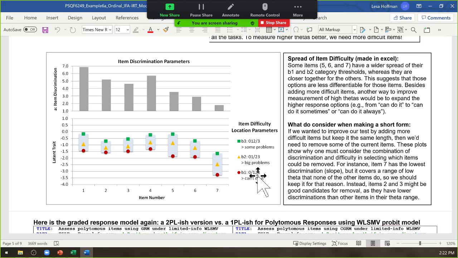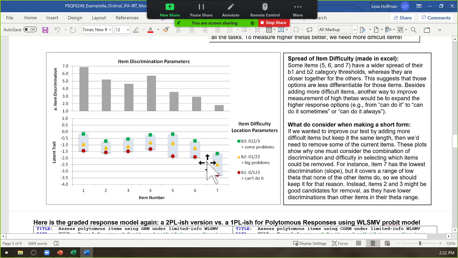So each submodel uses all the answers. You can think of it as transitioning to something greater than the lower category. So red is moving off of can't do it, orange is moving off of big problems, and green is moving off of some problems, which means can do it. A couple things here jump out at me.